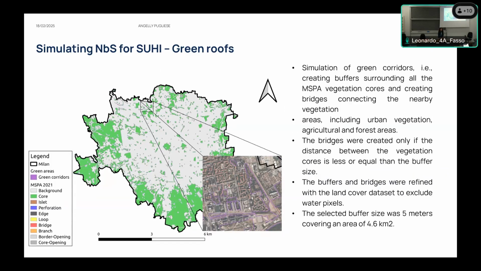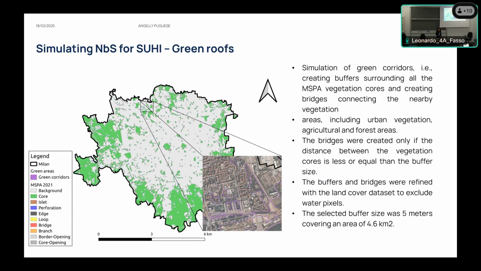The second one that I made was not green roofs, sorry, it was the green corridors. Thinking that the MSPA and the core vegetation areas are providing the higher cooling effects, I decided to increase this area a bit.